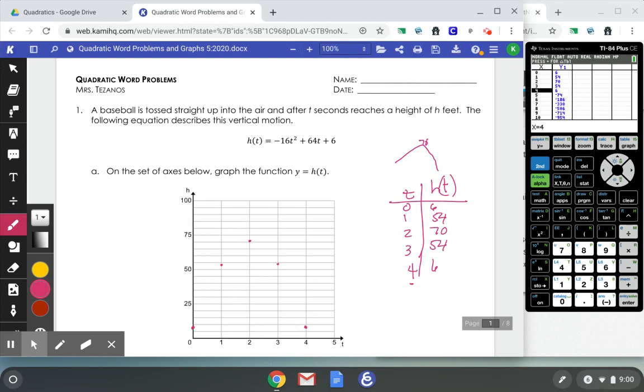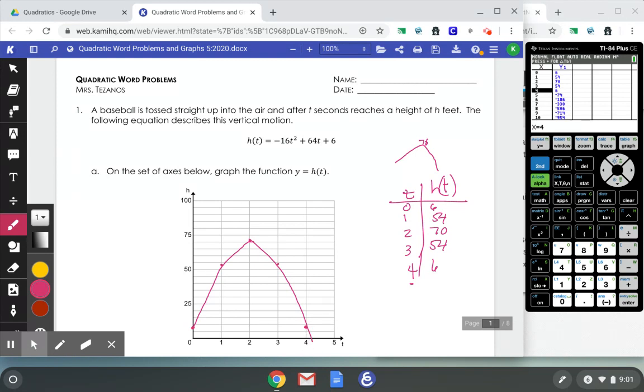Okay, now I'm just going to connect the points with a nice curve. It's going to go up, and then it's going to come back down. Okay, so that's our parabola right there.